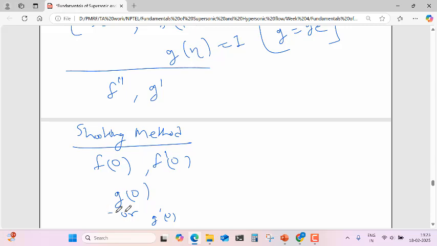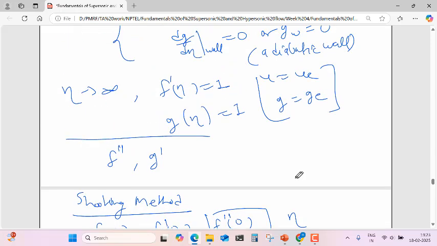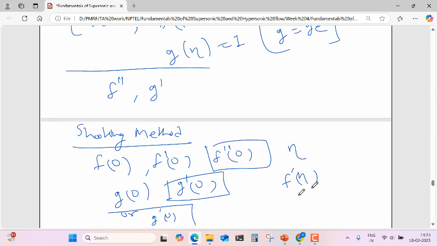So let's say we know the value of g(0). We will assume the value of g'(0) and f''(0). Assuming this, we will march in eta and find the values of f'(eta) and g(eta) when eta tends to infinity.